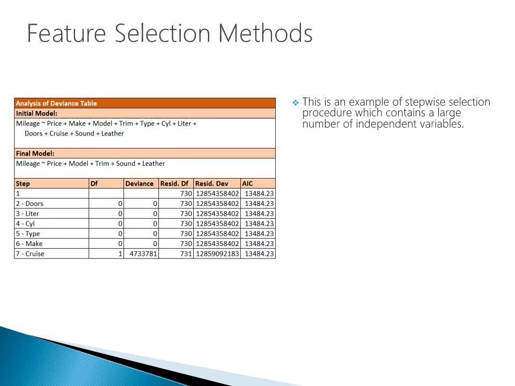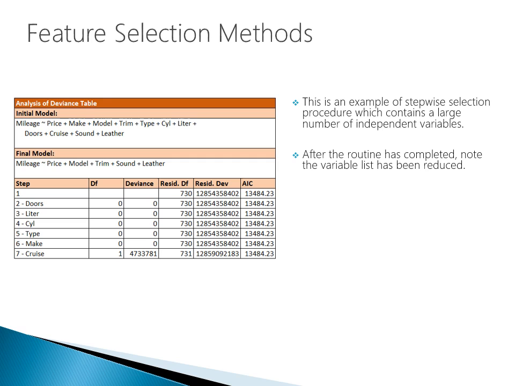Here is an example of a stepwise selection procedure which contains a large number of independent variables. After the routine has completed, note the variable list has been reduced. If we look at our initial model, in this case, we have mileage as a function of price, make, model, trim, type, cylinders, liters, doors, cruise control, sound, leather, lots of variables.